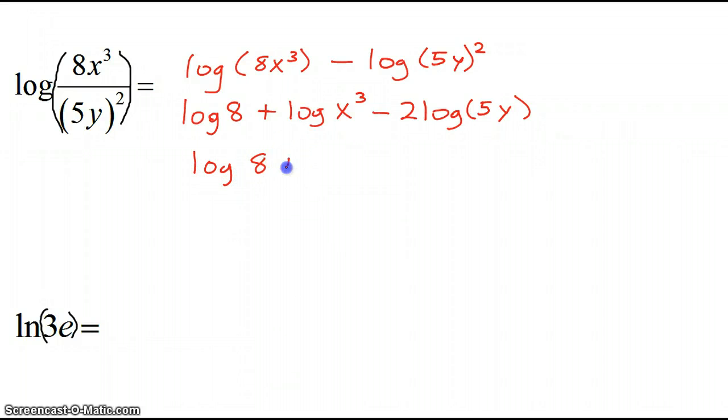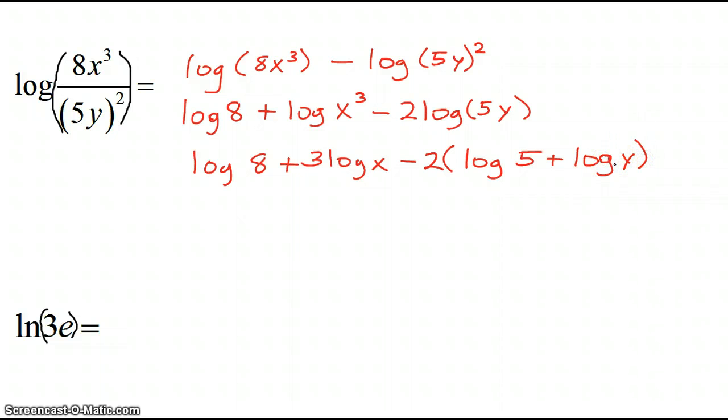And then plus, I have an exponent or a power here, so power means multiply, so I'm going to put it in the front. So 3 log of x. And then I've got minus 2, and then I say, well, what's here? Well, there's still multiplication. Now you have to be careful here, because I have to make sure I put a parenthesis. So I'm going to end up with the log of 5 plus the log of y.